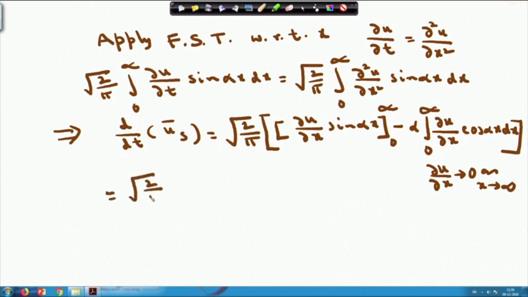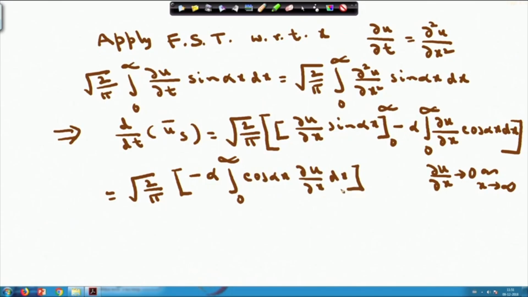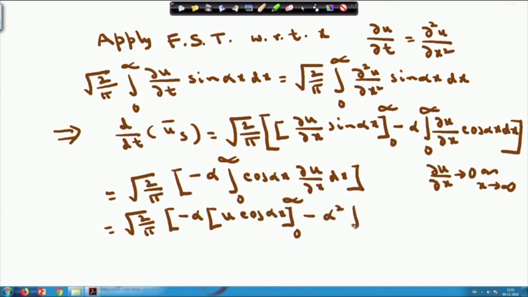So you will obtain root over 2 by pi, minus α into the integral 0 to infinity of cos(αx) into ∂u/∂x dx. Again use integration by parts: root over 2 by pi into minus α into u cos(αx) from 0 to infinity, minus α² times the integral 0 to infinity of u sin(αx) dx.